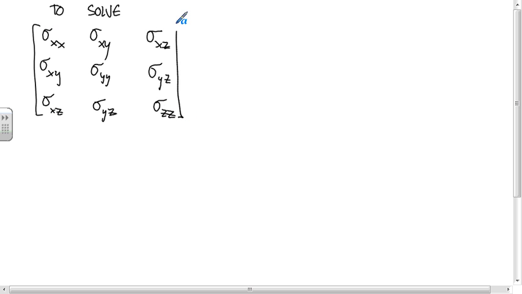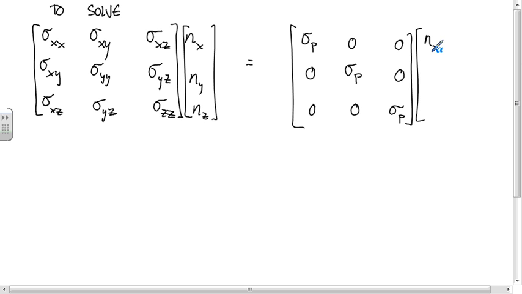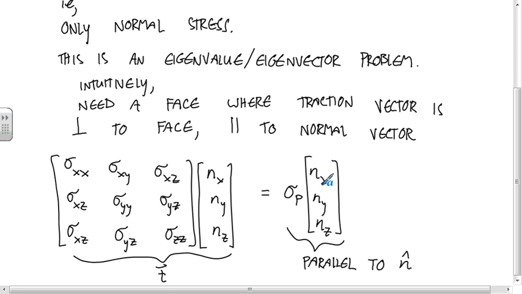So the stress times that outward facing normal vector has to be equal to that. If you just went through that matrix multiplication, you'd see that you end up with this. It's just another way of writing it.